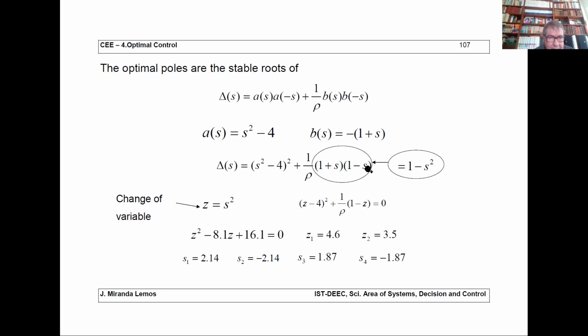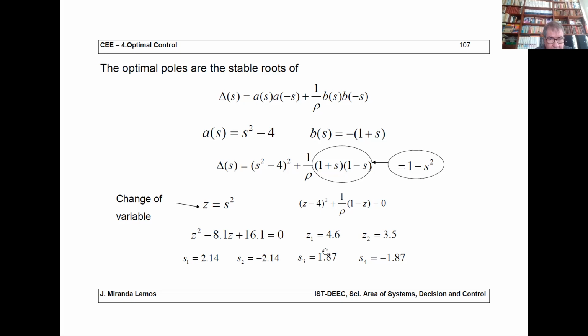So if you replace s squared by z, you get a second order equation, and you get the solutions for z. Each of these solutions gives origin to two solutions in s, because s is plus or minus the square root of z.